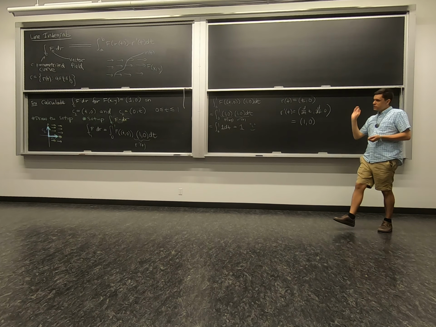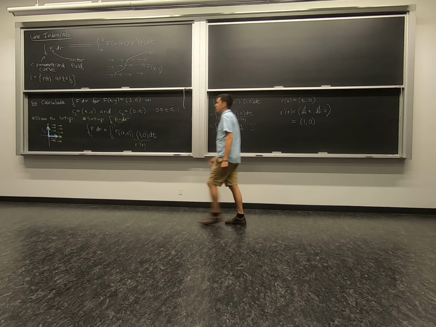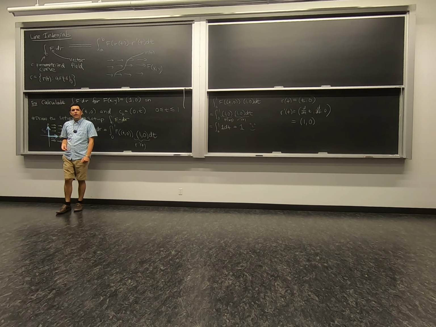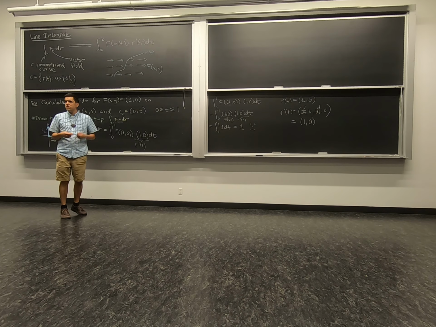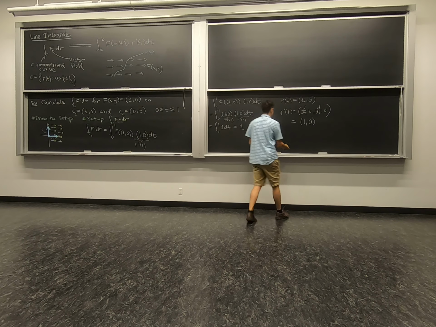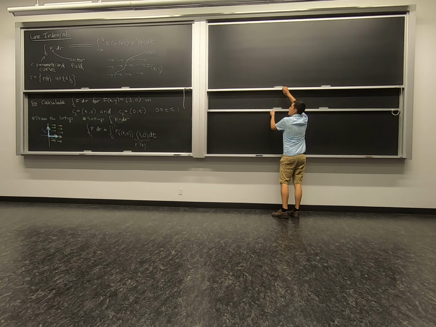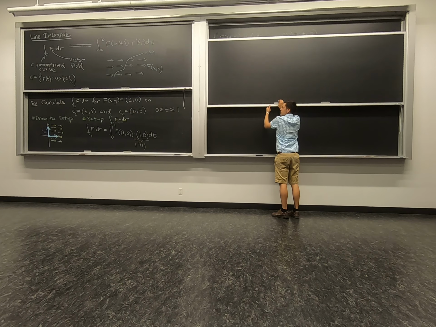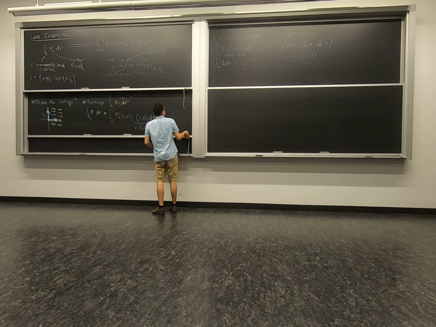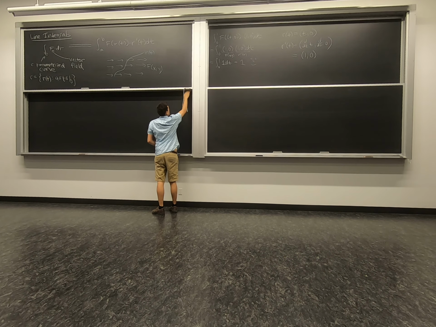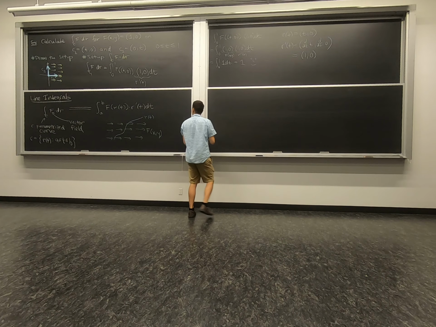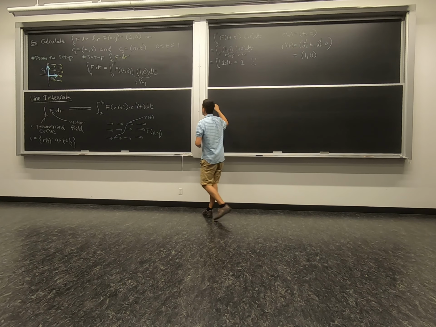Okay, so that's what happens when we walk along C1. Right, when we walk along C1, the vector field pushes us. What about when we walk along C2, and we're walking perpendicular to the direction of flow? So now we'll set up C2.